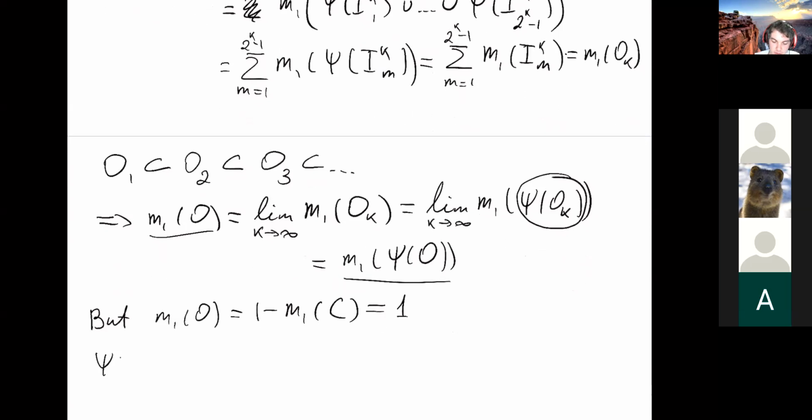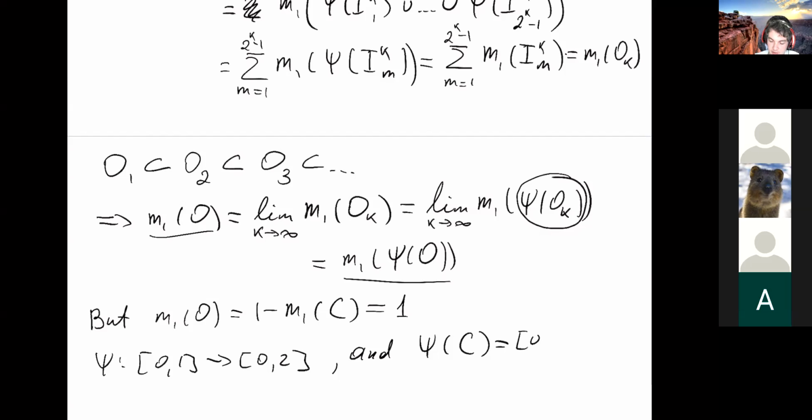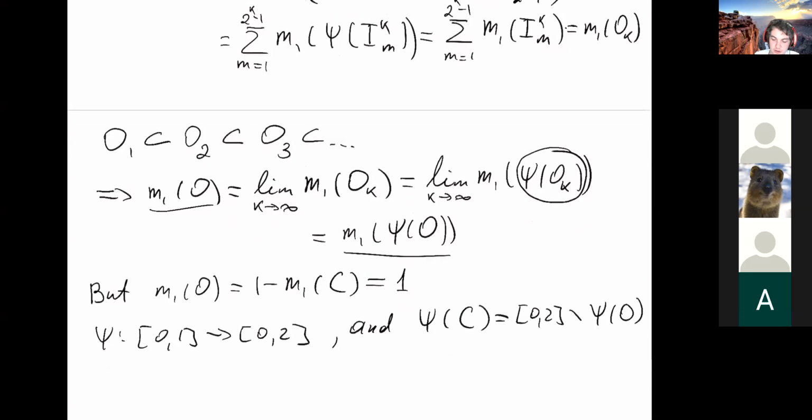And now recall that psi maps [0,1] to [0,2], and psi of C, because C and O are disjoint, is the same as [0,2] minus psi of O. And so this implies that the measure of psi of C is also 1.